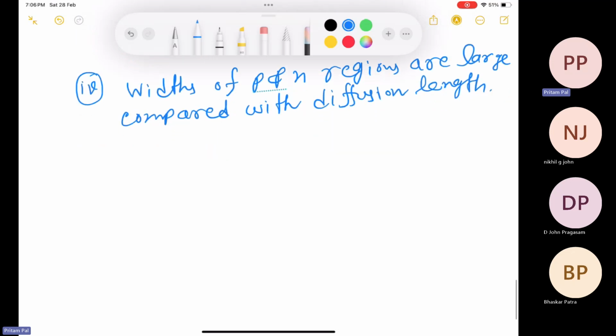Now let's consider Pn naught, which is basically the equilibrium concentration of the holes in the N region.